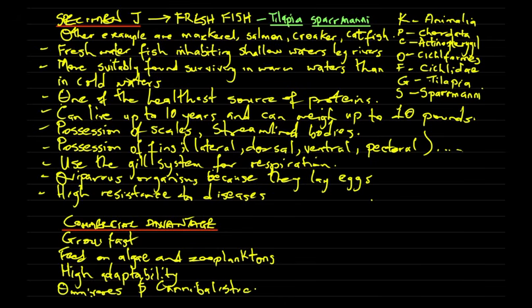If they are living in a somewhat natural habitat, they can get algae and zooplankton to feed on. Also, they have high adaptability, so they can survive in almost any environment. And we also call them omnivores and cannibalistic in nature.